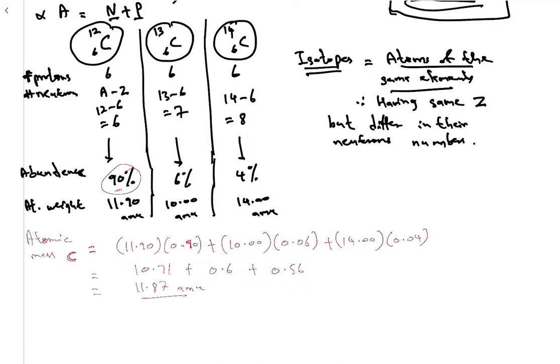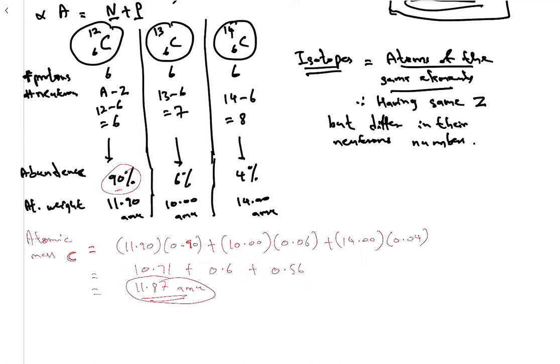So that would be the atomic mass of carbon, taking into account each one of the isotopes. And you notice that the final average atomic mass of that carbon is nearer to 11.9 because the 12C6 isotope is the most abundant.